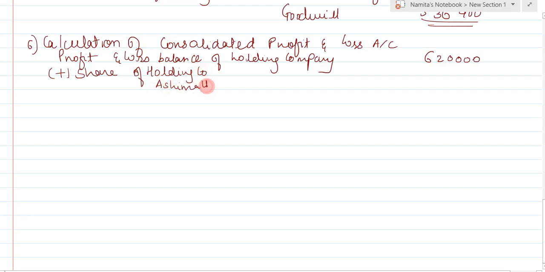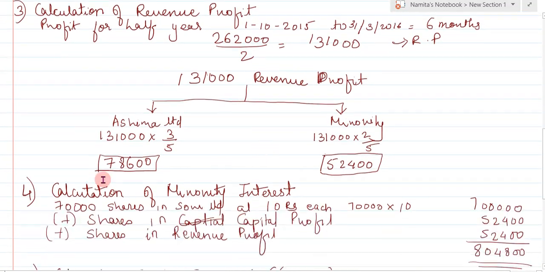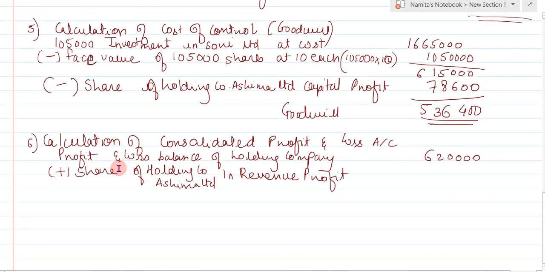Anshima Limited is the holding company in revenue profit. So what is the share of Anshima Limited in revenue profit? The revenue profit share is 78,600. So add these two things, we get 6,98,600. So this is the consolidated profit and loss amount, and this amount we will write on the liabilities side.